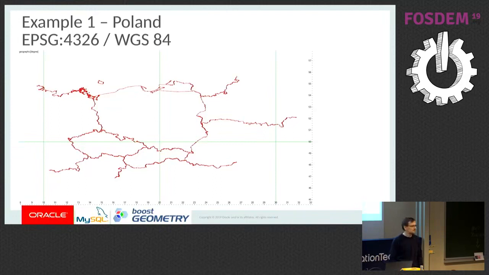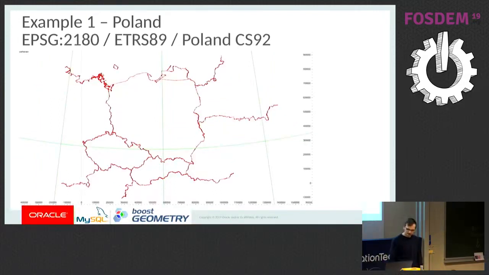And for this purpose, this SRID is used, so EPSG 2180. It's used for maps of scales up to 1 to 10,000, I think, because for closer scales you have to use another one.